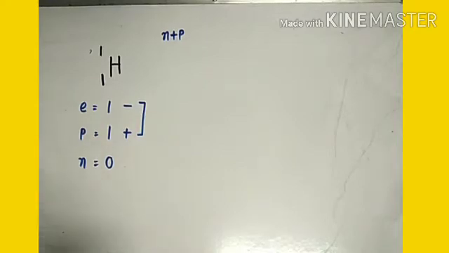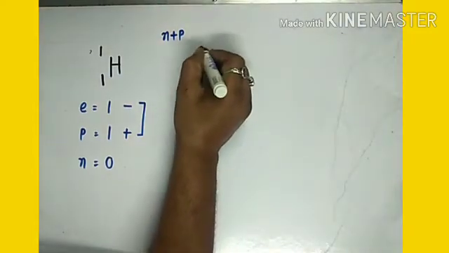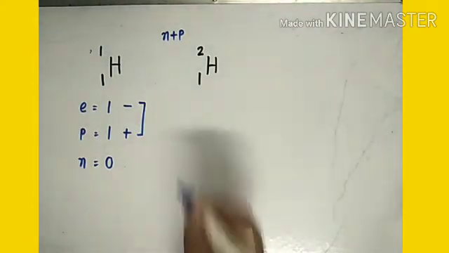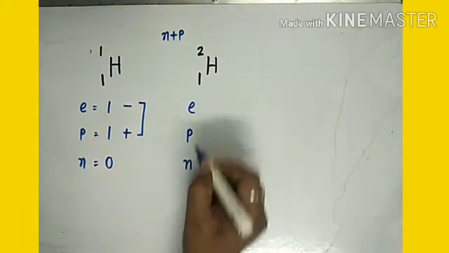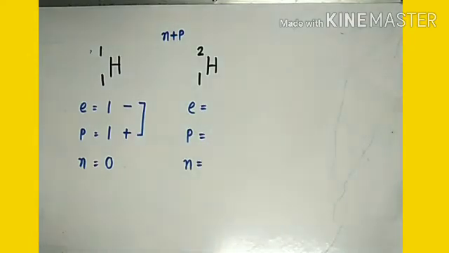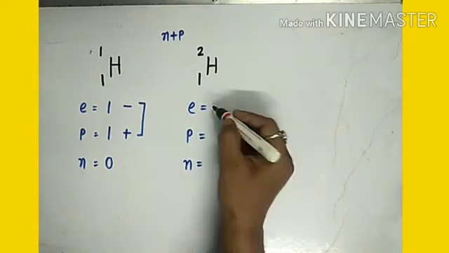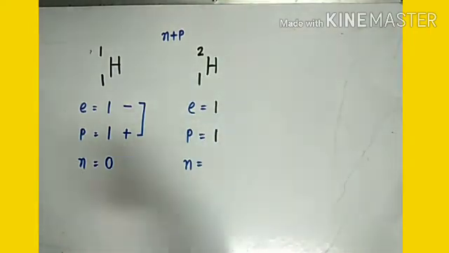But in case of this, it's deuterium. In case of deuterium, you have to find out number of electrons, number of protons, and number of neutrons. Number of electrons we can consider by this. So one electron we have, and of course one proton.